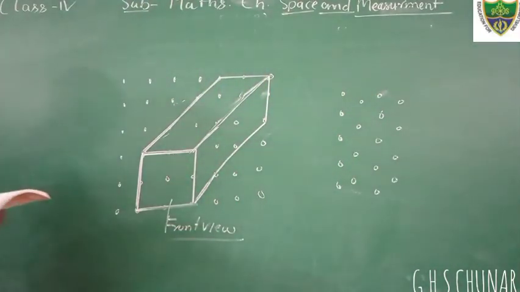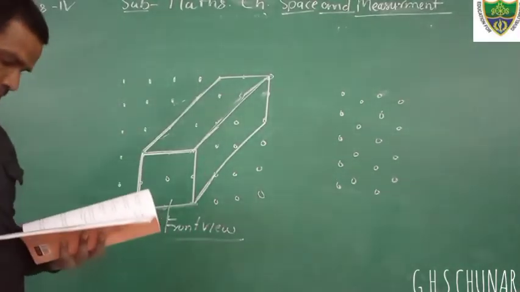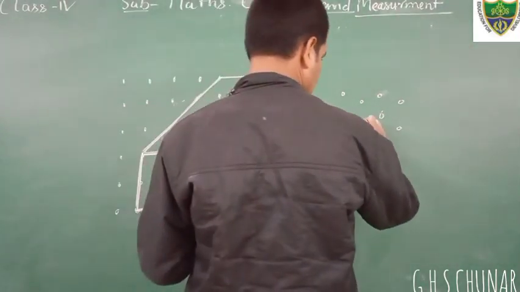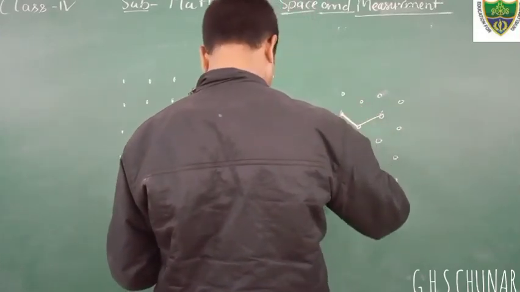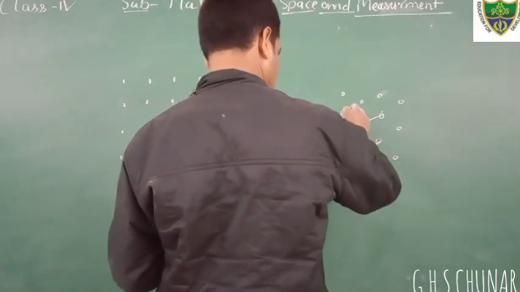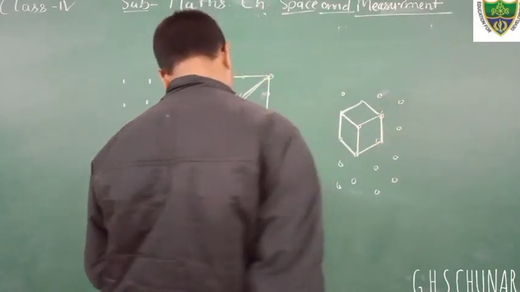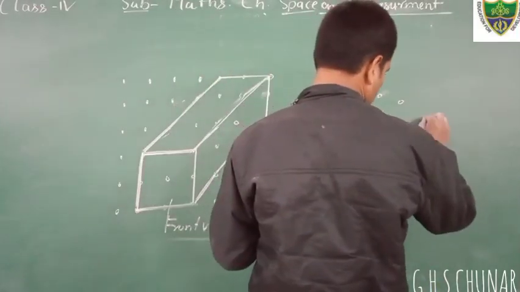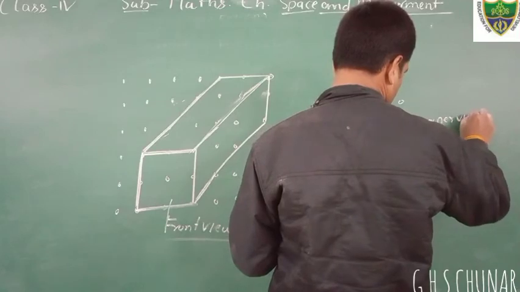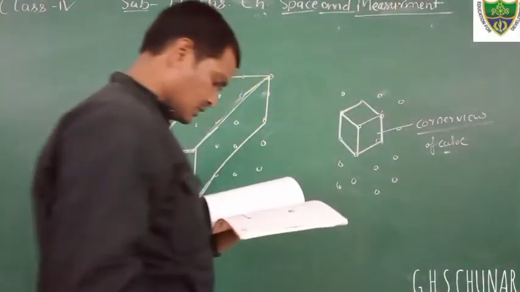This type of dot paper is called the triangular dot paper, and that is the square dot paper. Now corner view of the cube.